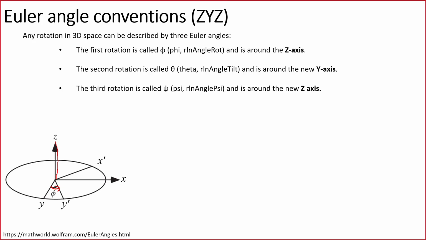We will get our y-axis to the axis y prime, and this new y-axis is then used to rotate the whole plane around the newly created y-axis by the angle theta.